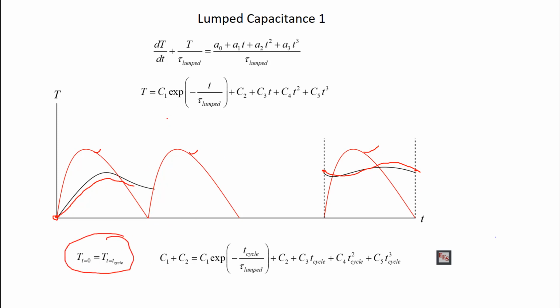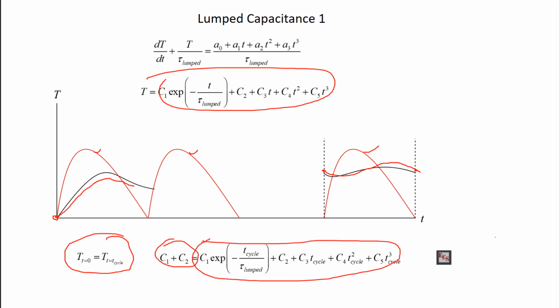If I plug in on the left side this equation with time equals 0, I get that. If I plug in on the right side this equation but with time equals T cycle, I get that. And that's a perfectly legitimate boundary condition.